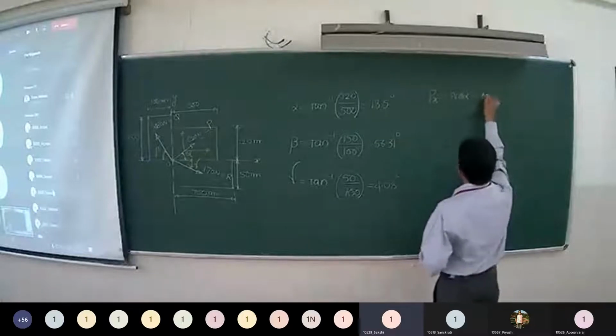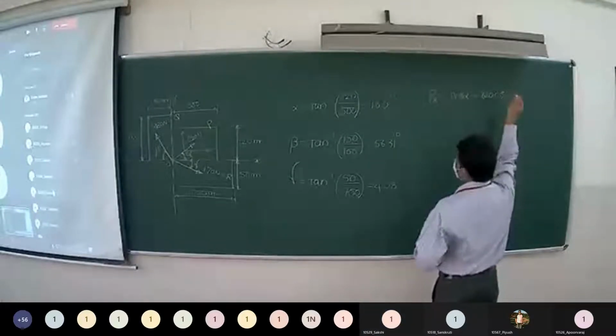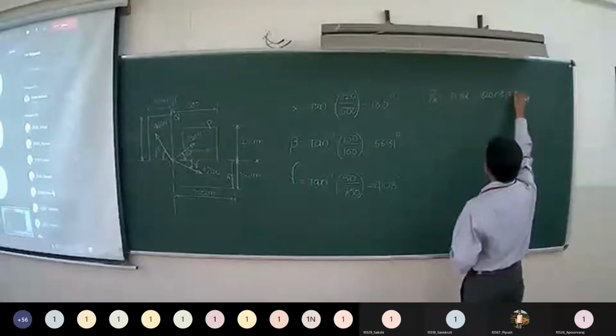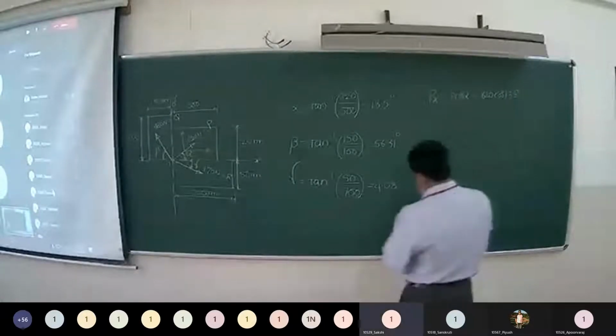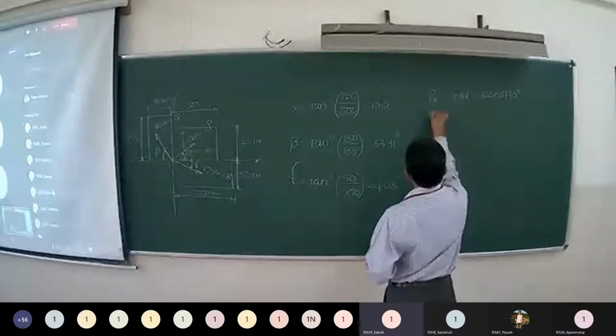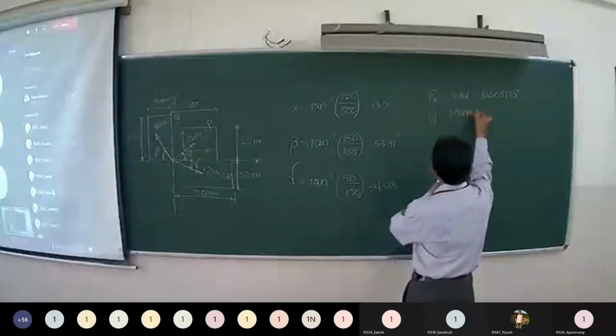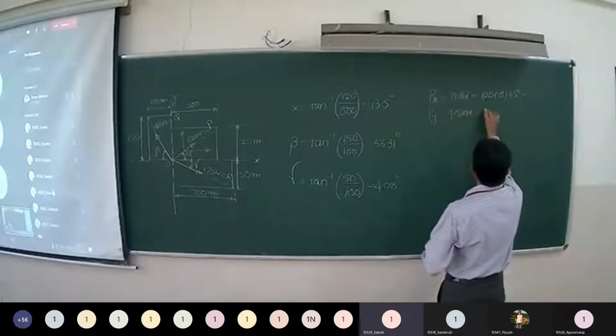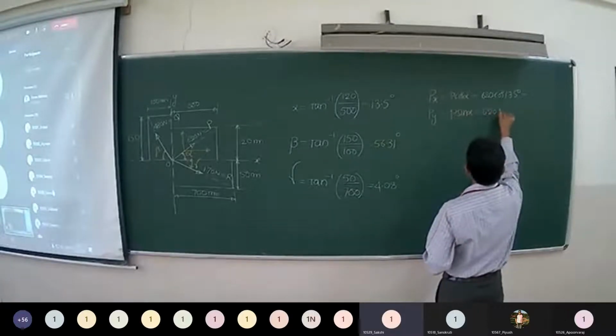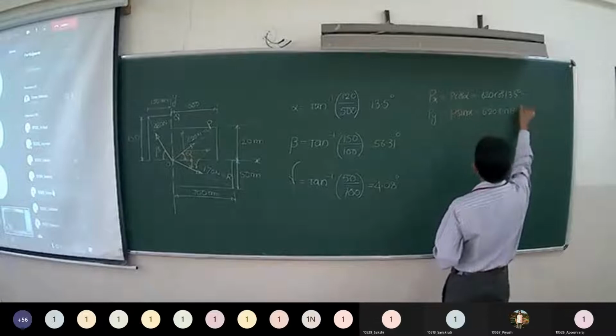P is 620 cos 13.5. Then Py, vertical component, P sin alpha, that is 620 sin 13.5.